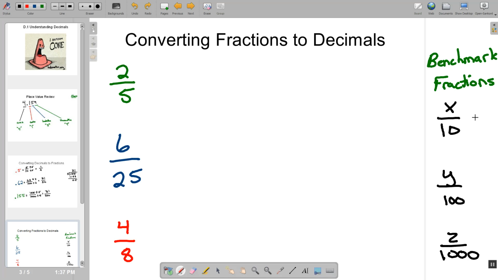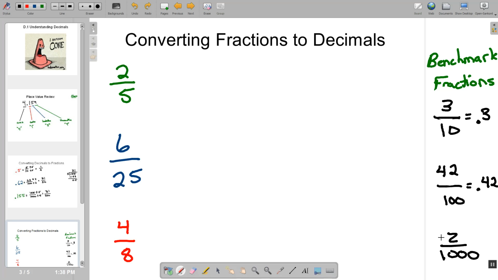Because if we took this x and turned it to, let's say, 3, and this was 3/10, we could immediately turn that into the decimal 0.3. And if we took our y down in this problem and changed this to 42, we would immediately have 42 hundredths.